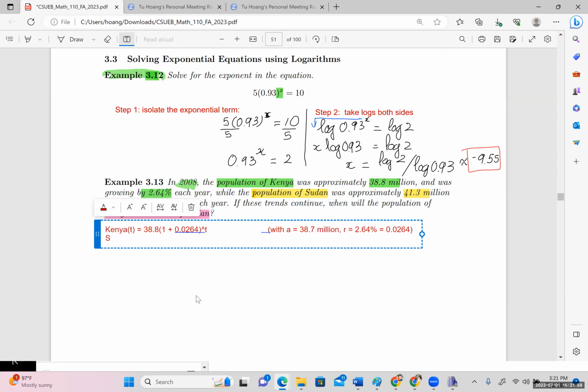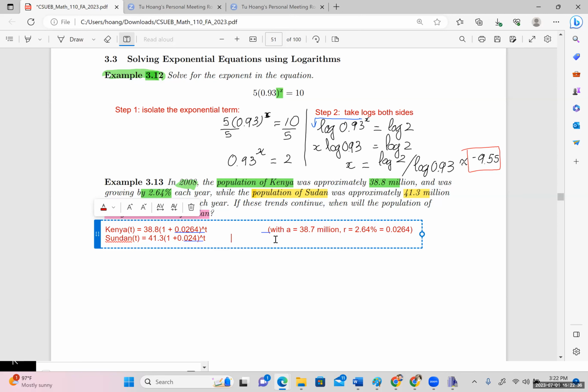Similarly for Sudan, the function has an initial amount of 41.3 times 1 plus 0.0224, raised to the power t.